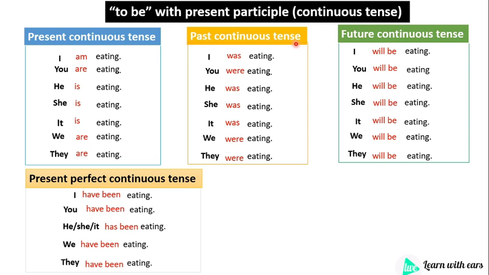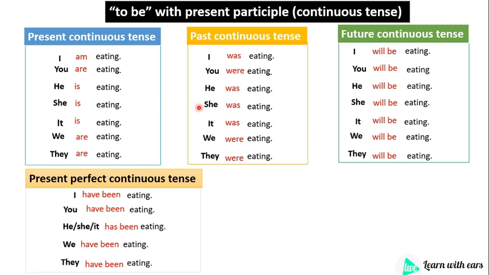Past continuous tense, in this we use was and were. These are subjects: I, you, he, she, it, we, they. With I we use was, with you, were.